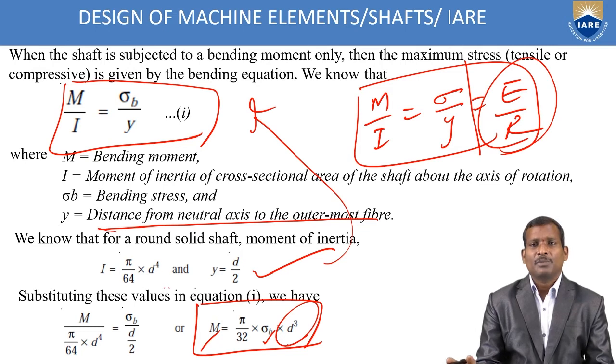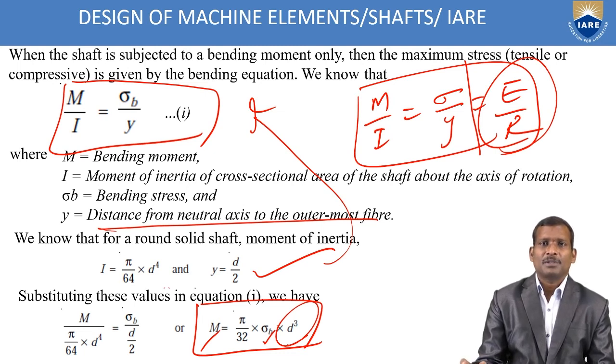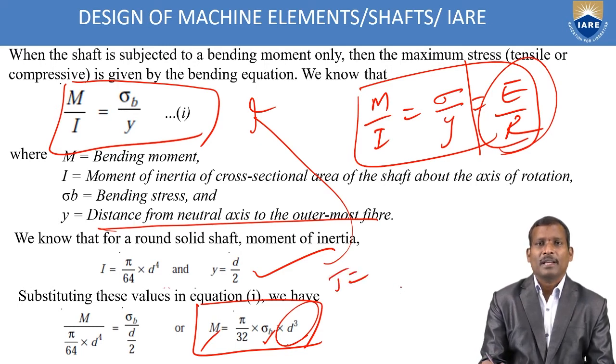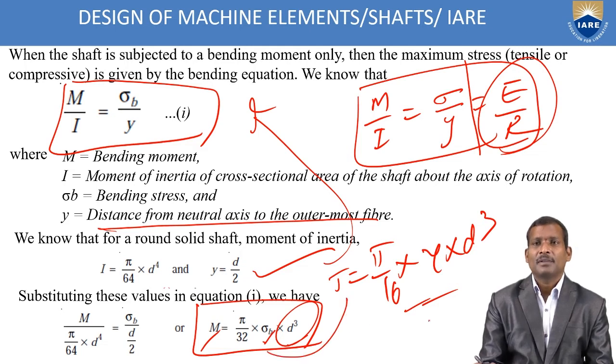See the difference between the twisting moment and bending moment. In the previous case, the shaft is subjected to twisting moment, and you need to calculate only the torque: T is equal to pi by 16 into tau into d cube. But in this case, in place of T, the bending moment will come.